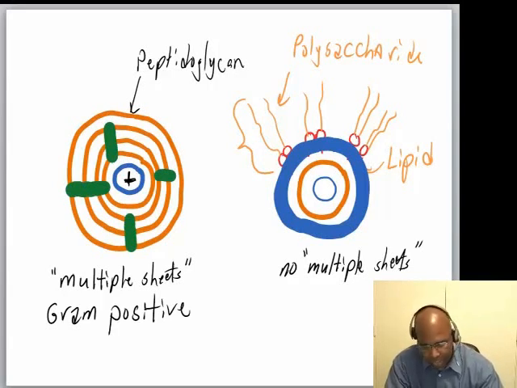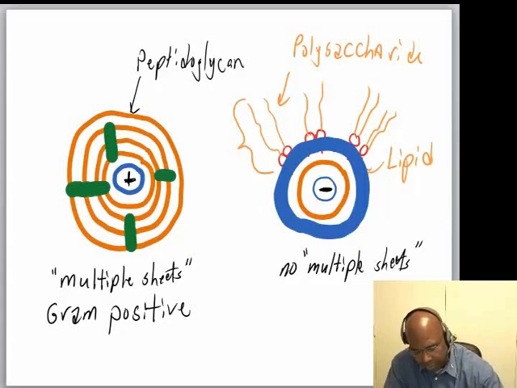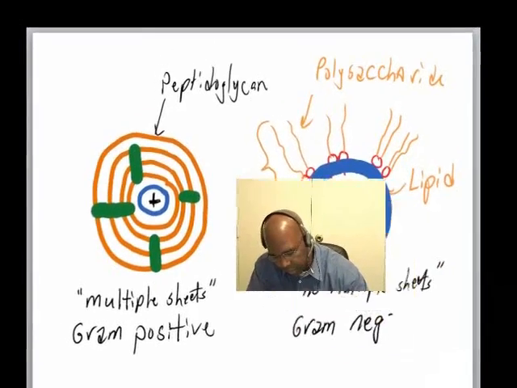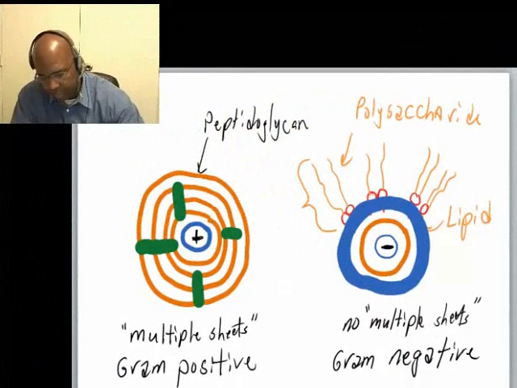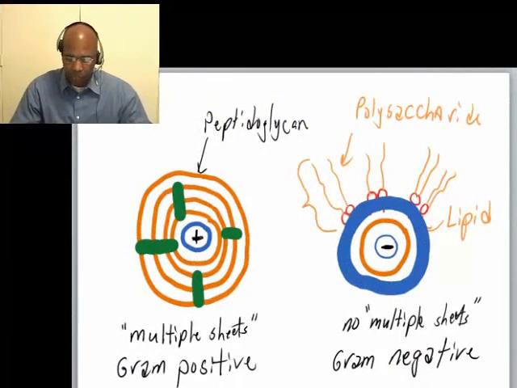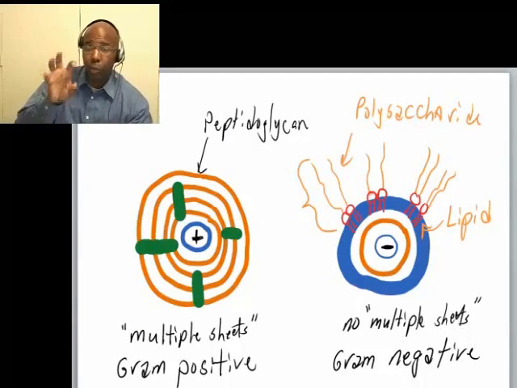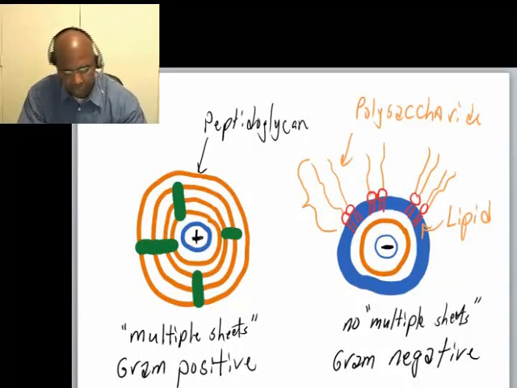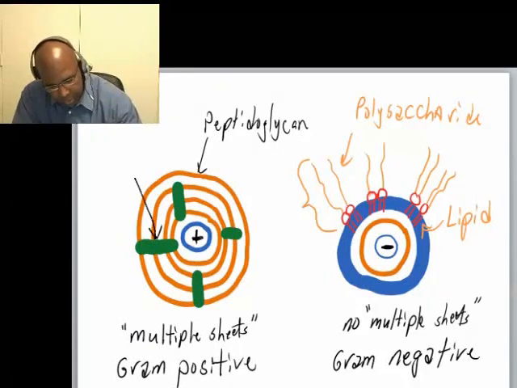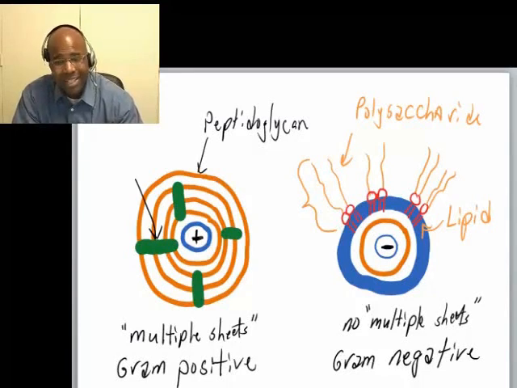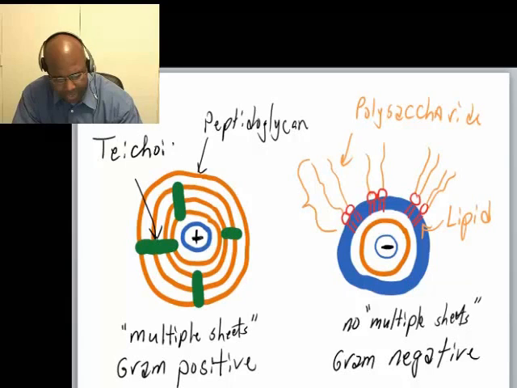And on the right here, these bacteria only have a single layer. So these bacteria are called gram-negative because they don't stain the same way. So they're called gram-negative bacteria. These green structures here that hold the multiple layers together in gram-positive bacteria are an acid called teichoic acid, T-E-I-C-H-O-I-C.